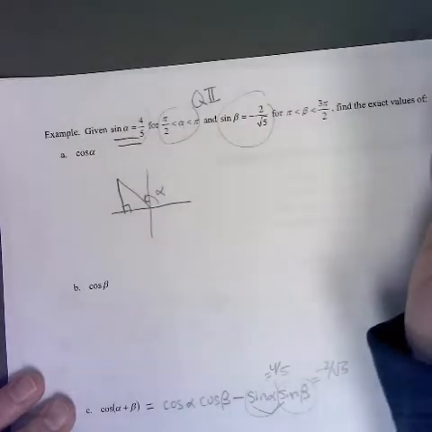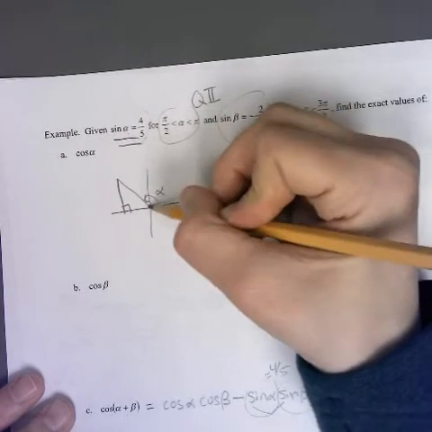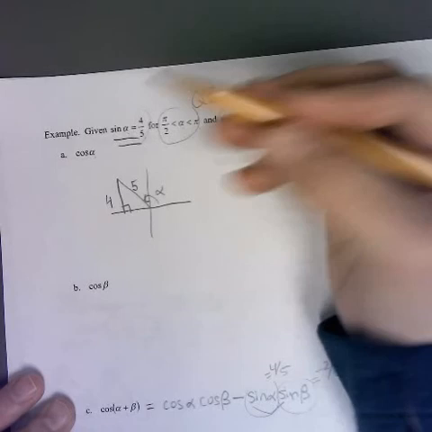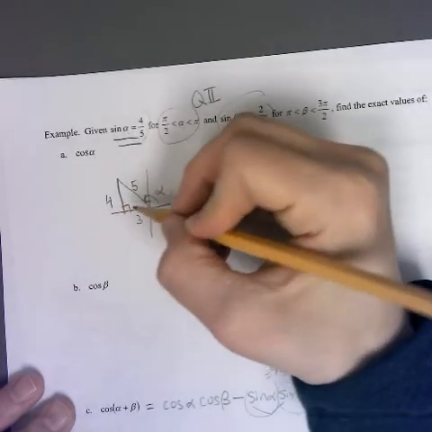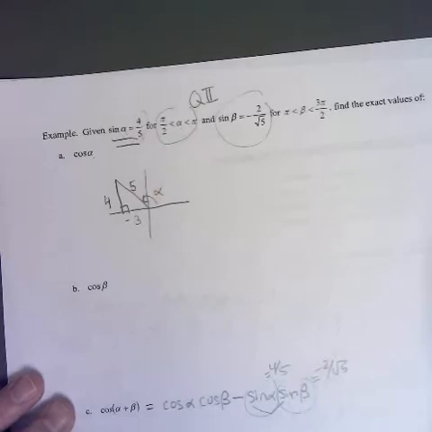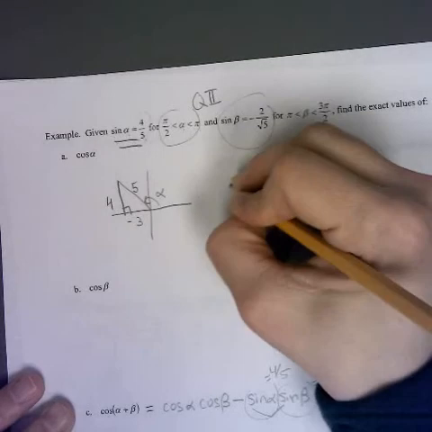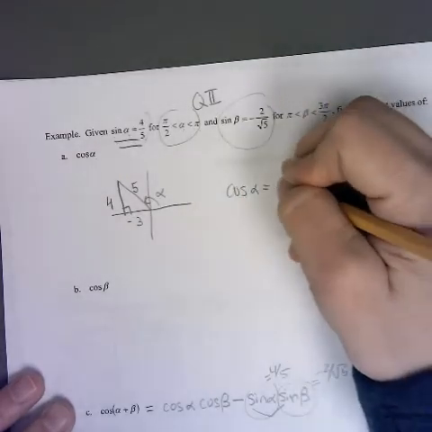So sine of alpha is 4/5. That is opposite over hypotenuse, which means the adjacent side would need to be 3. This is a 3, 4, 5 triangle. You can put a negative there if you want because you're going back 3 up 4, right? So cosine of alpha is -3/5. Don't forget the sign.